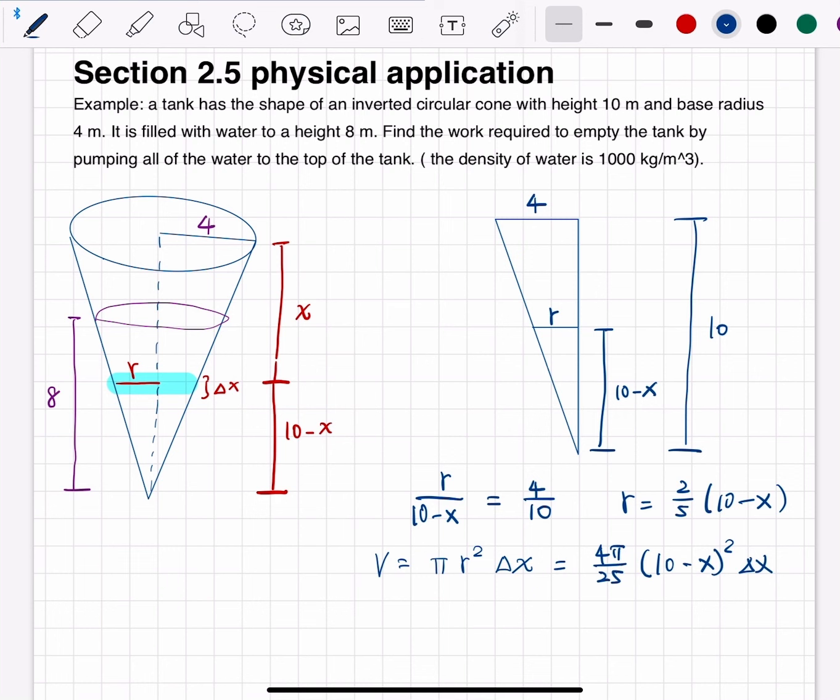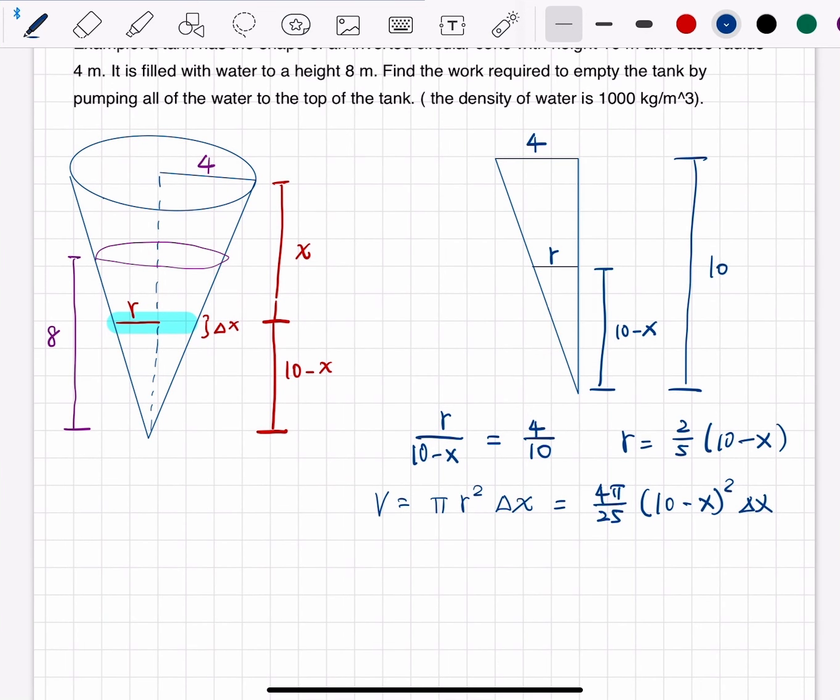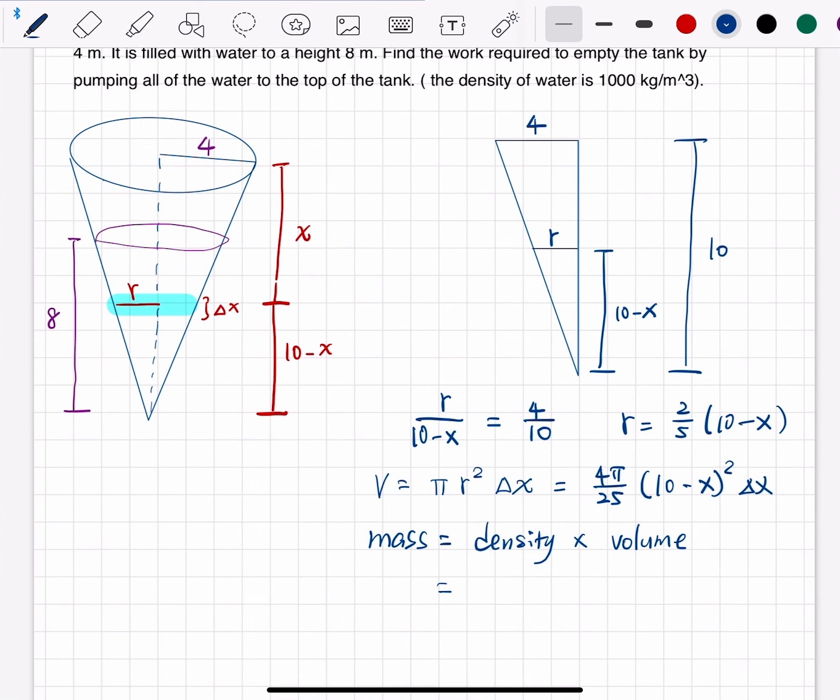But we want to talk about work. In order to talk about work, I do not need volume, I need force. And in order to talk about force, I need mass. I have the volume, so the mass of the water is going to be the density multiplied by the volume. The density is 1,000 kilograms per cubic meter.